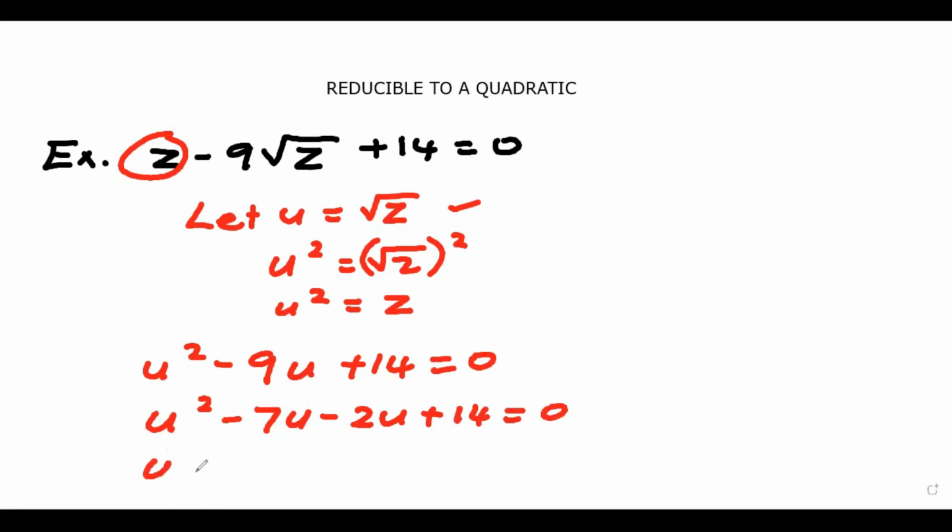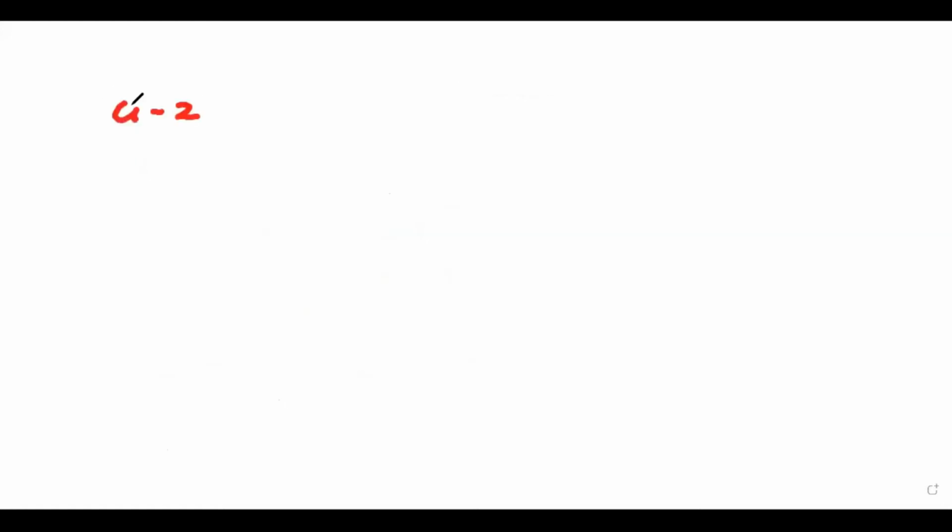So we factor: u minus 7, minus 2, u minus 7 is equal to 0. So now we have u minus 2 in a bracket and u minus 7 in another bracket, and that is equal to 0. That means u is equal to 2 and u is equal to 7.